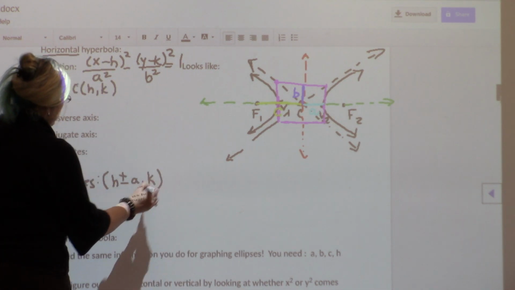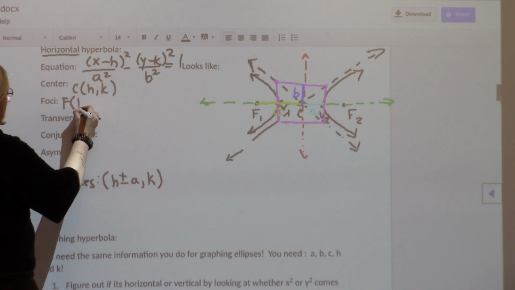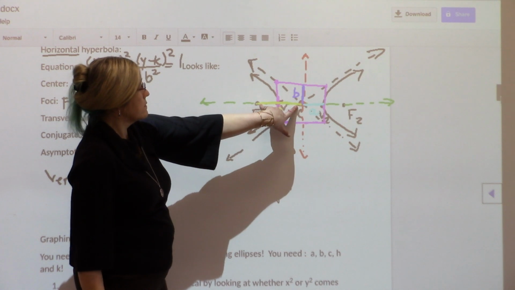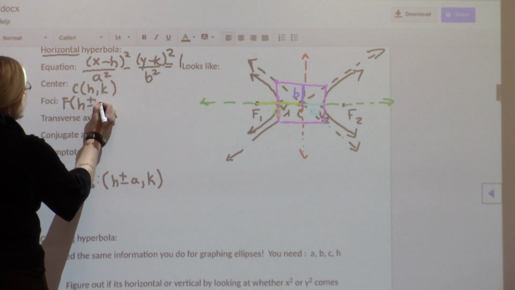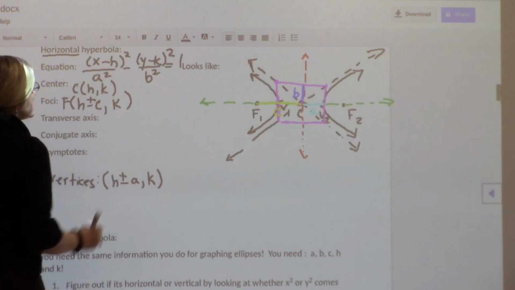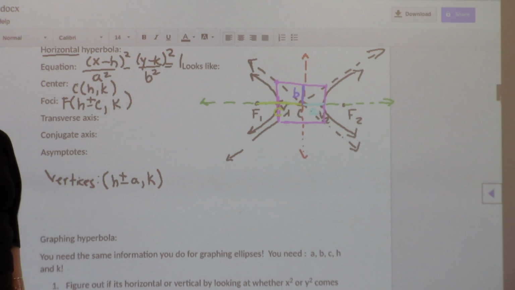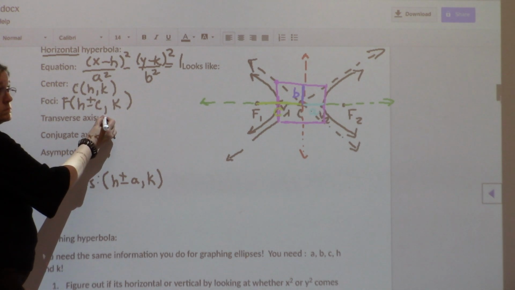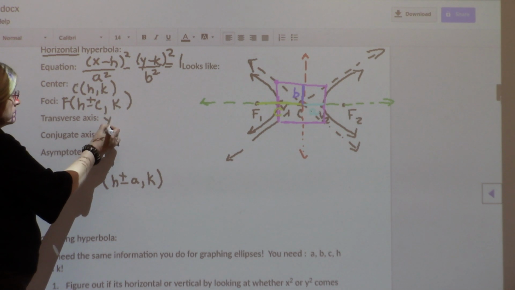And this is K. Now the foci are going to still be H plus or minus, but what are we going to be plus or minus this time? Yep, C. H plus or minus C, K. This time the transverse axis is a horizontal line, so it's what? Yep.